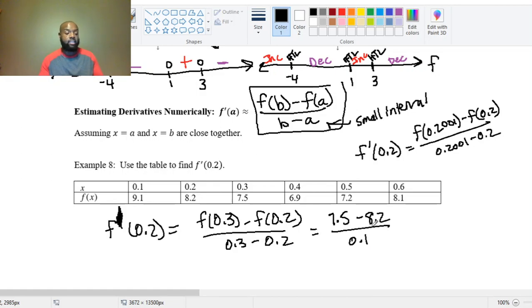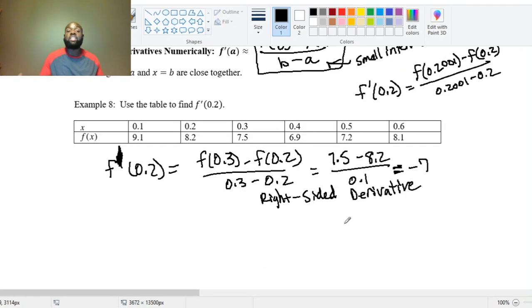And I actually have to do that calculation, and I get -7. Notice I use a value to the right, so this is your right-sided derivative.